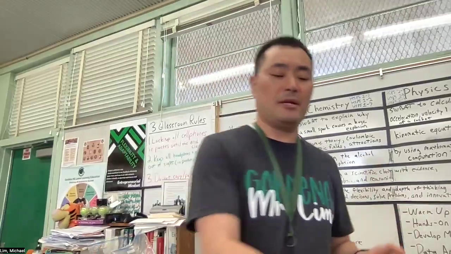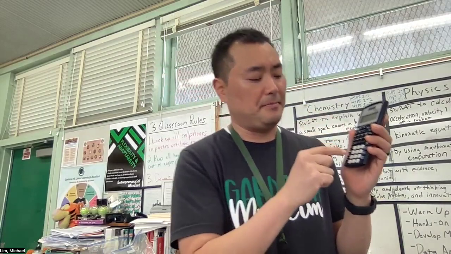Sure. Grab a calculator, put 1.02, and then hit the second button in the upper left. Then hit the x minus 1 button above number 7. And then your calculator will say 1.02e, which is the same thing as 1.02 times 10. And then click 3 because it's times 10 to the third.